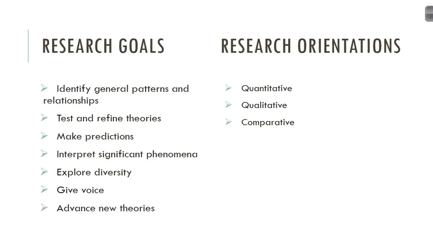So you have quantitative research orientation or strategy, which basically in this case you're going to have many cases. So in sociology we often deal with people, with individuals, so we have thousands and hundreds of thousands, well, if we're lucky.